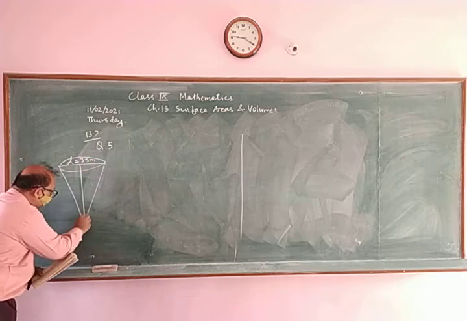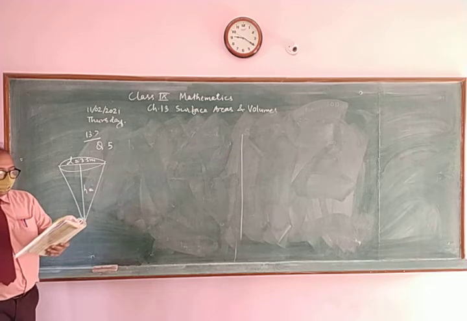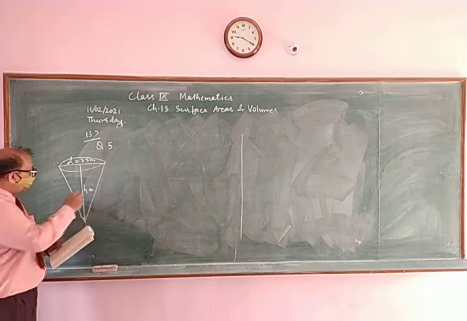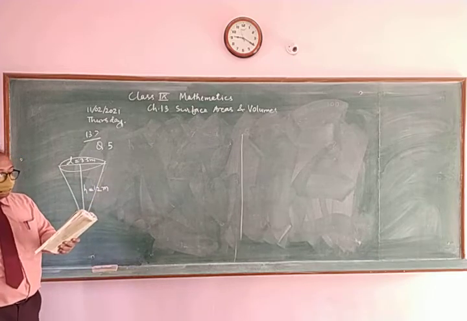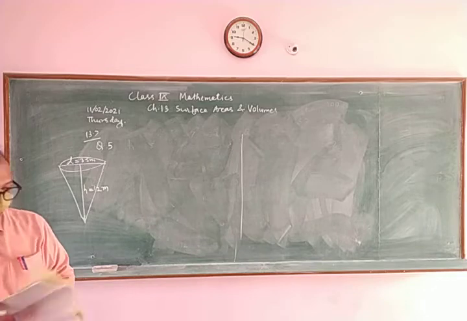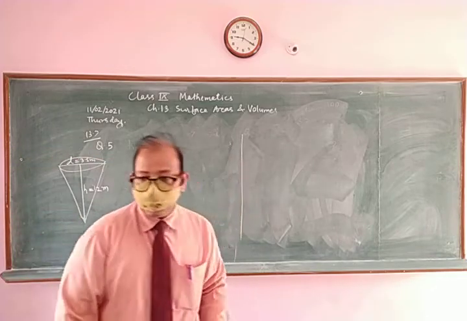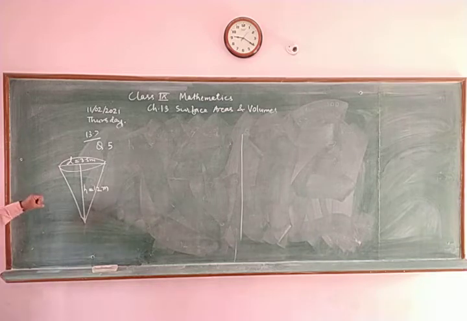And the deepness means height. Deepness means height is given 12 meter. We have to find the capacity in kiloliter. Capacity in kiloliter. Now look here.